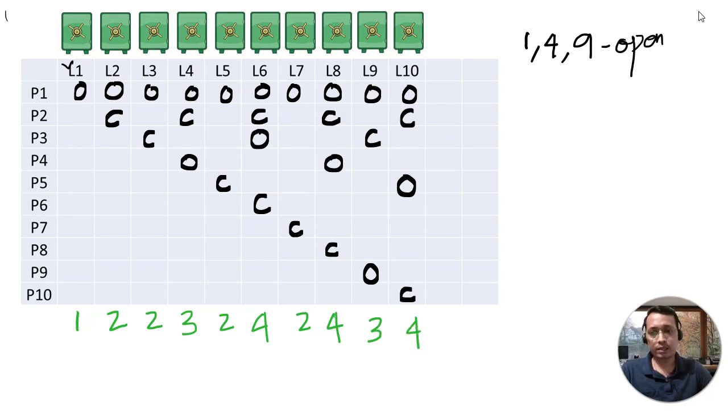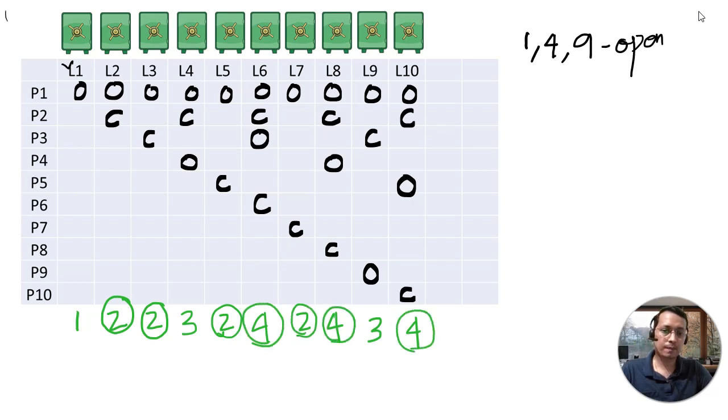So you see the lockers which are touched an even number of times are all closed, right? And the lockers which are touched an odd number of times are open, right? Correct? Understood?